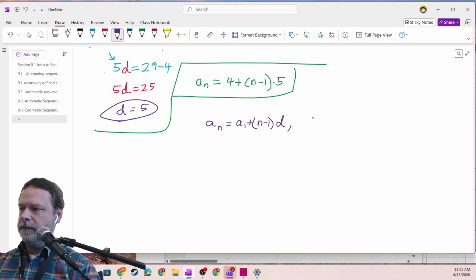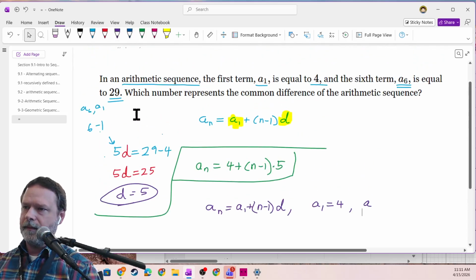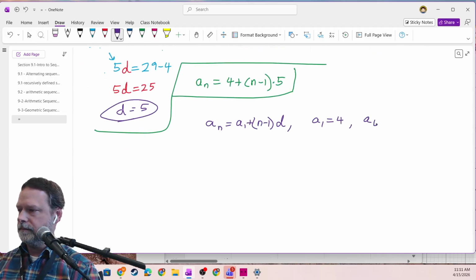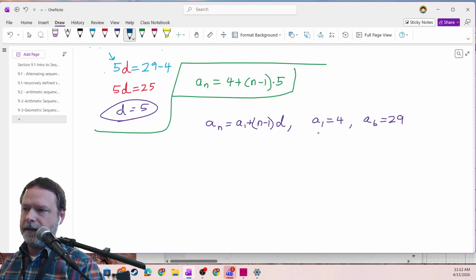We also know a sub 1 equals 4 and a sub 6 equals 29. And then just start plugging in values into this to set up two equations.